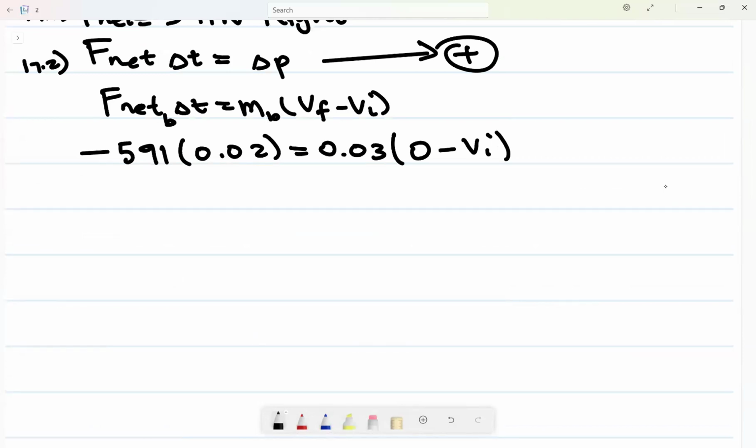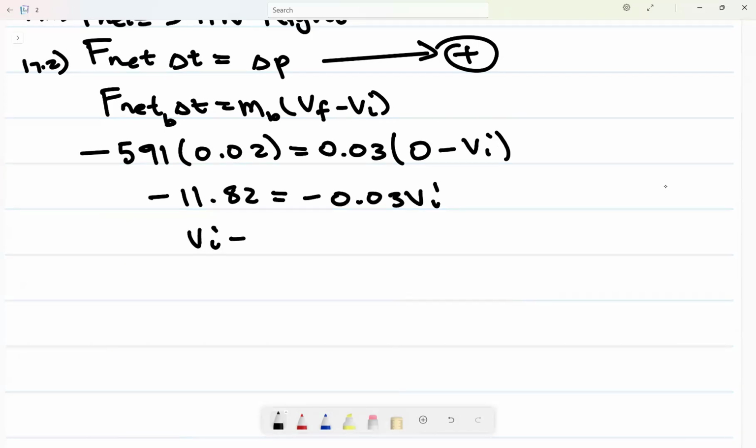So here this will be negative 591 multiplied by 0.02, I get negative 11.82. It is equal to 0.03 multiplied by (0 minus VI), which is negative VI, so negative 0.03 VI.